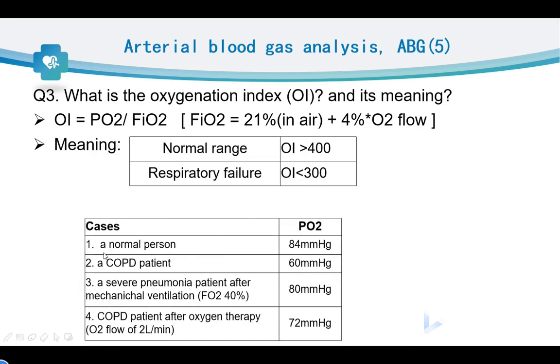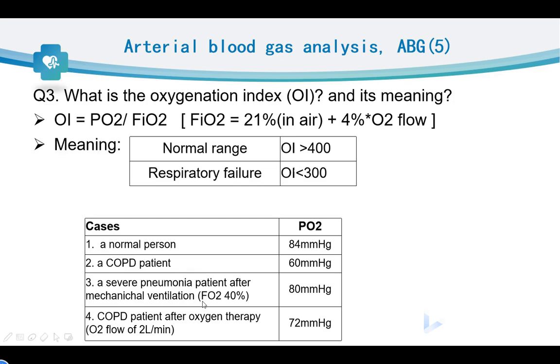The first case is about a normal person with a partial pressure of oxygen of 84 mmHg. The second case shows a COPD patient in standard condition with a partial pressure of oxygen of 60 mmHg. The third case is a severe pneumonia patient after mechanical ventilation.